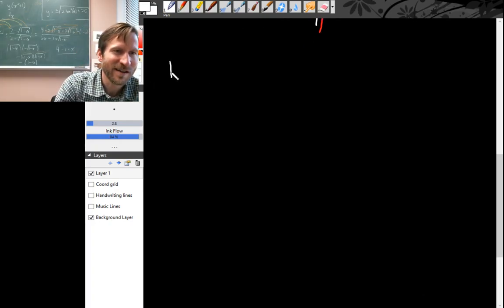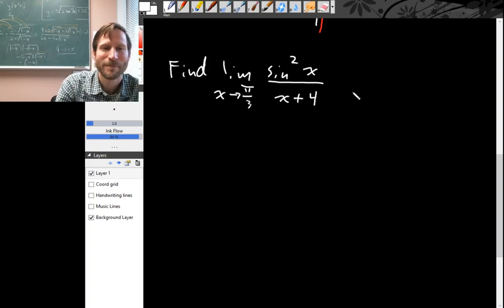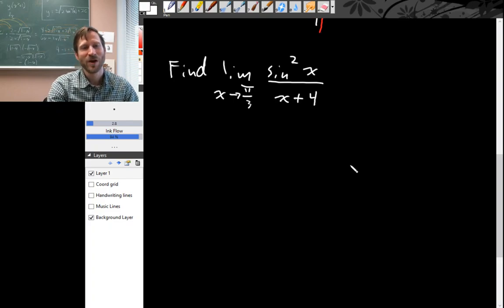Let's find the limit as x goes to, I don't know, how about pi over 3 of sine squared x over x plus 4. Okay, well, sine is continuous.